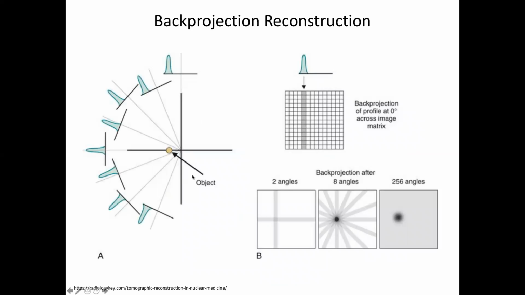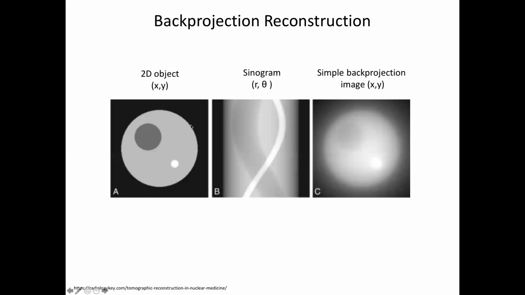If I have a complex object, obviously I need more views. As I get more views, and I just project those views back, I will get a hot spot where my object is. And if I do many angles, I'll get a representation of the object, which is a blurry version of this dot. Okay?